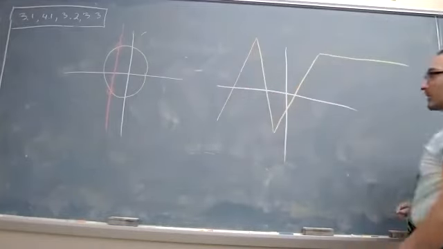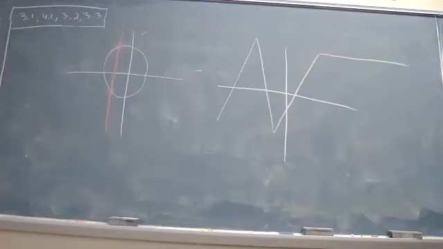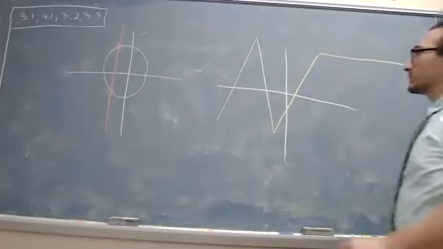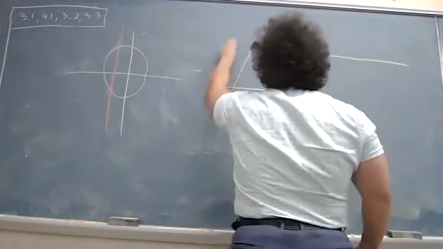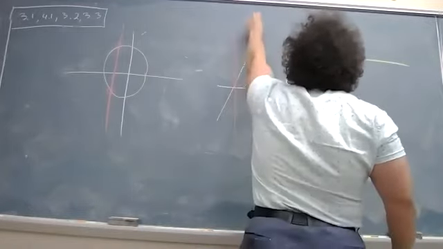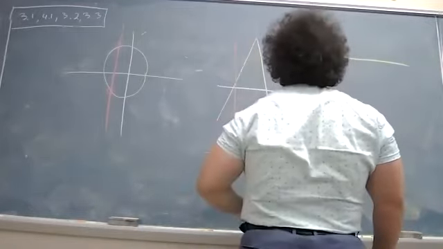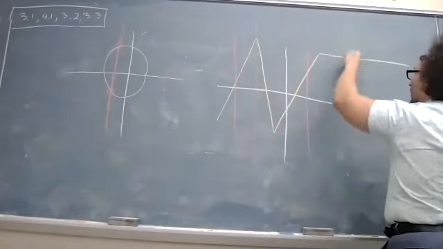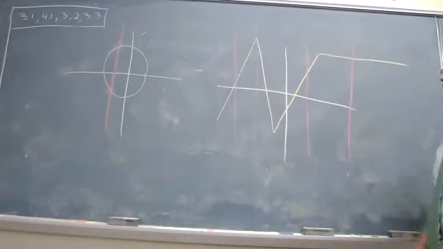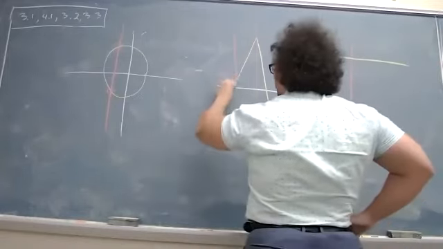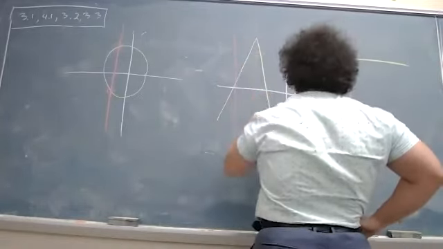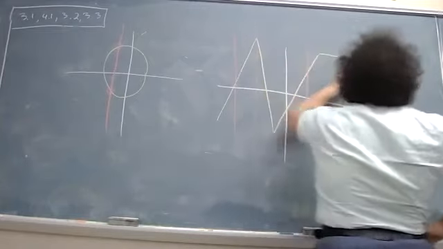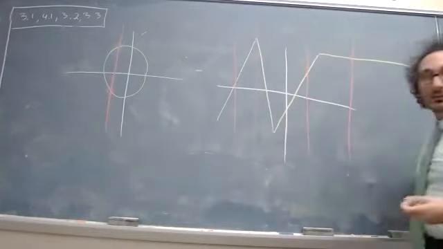What about this graph? Is this graph a function? Well, let's do the vertical line test. Put a vertical line, and another, and another. We notice that it only touches the function at one location, right?